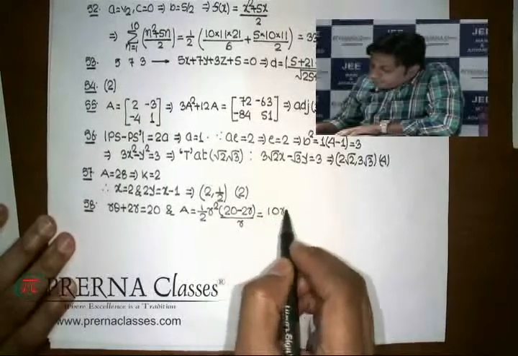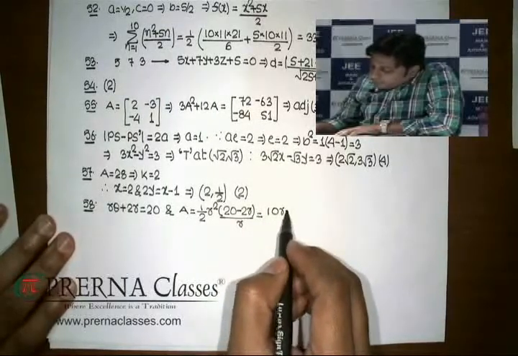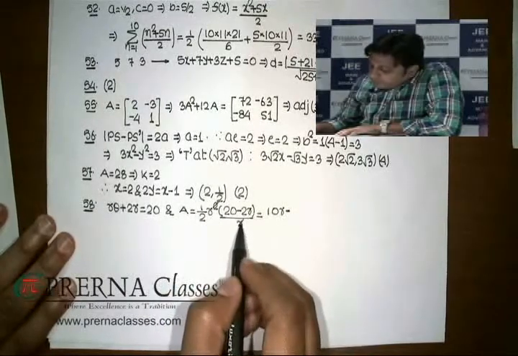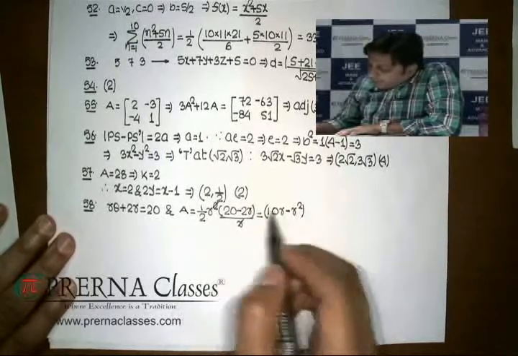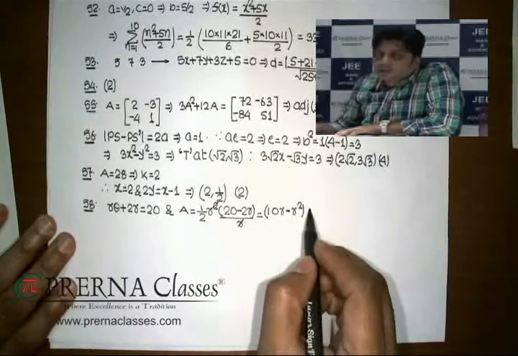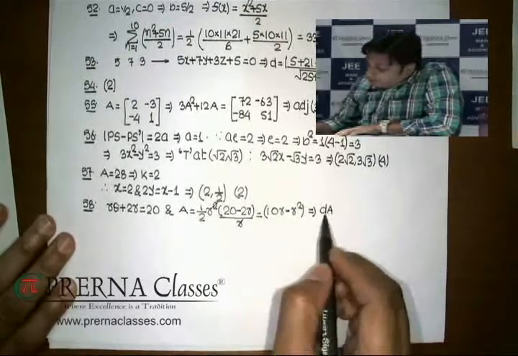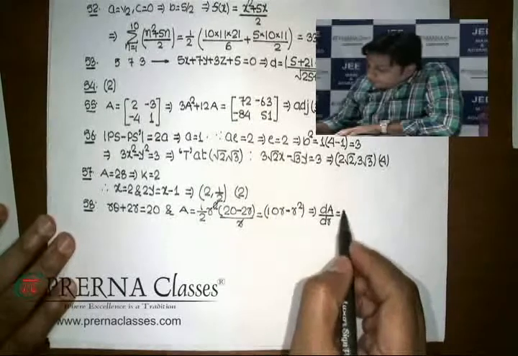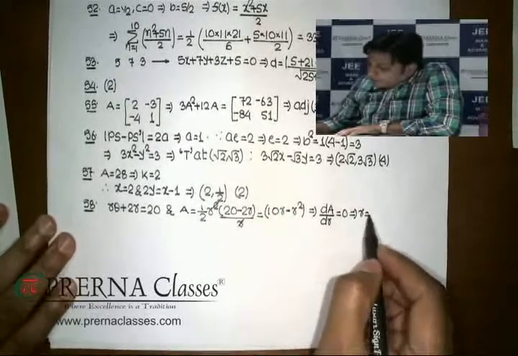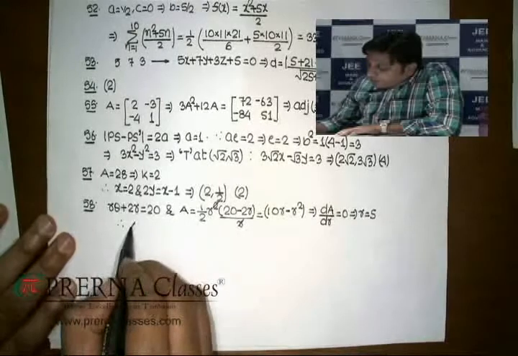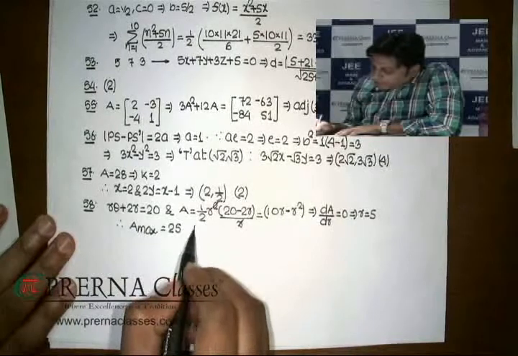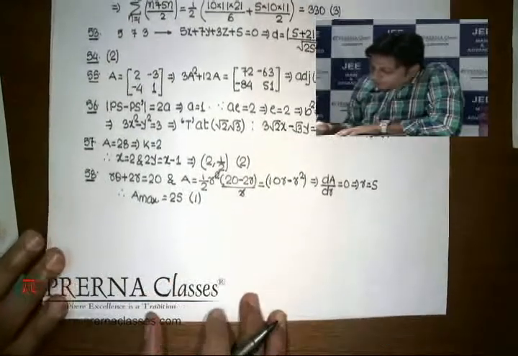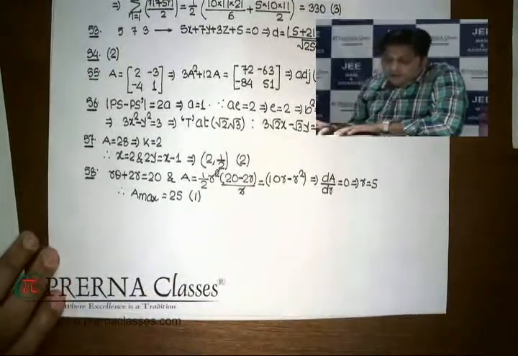Therefore, if you cancel off a factor of r, you are going to get 10r minus r square as the area as a function of r. If you use that, dA by dr equals 0 will give the value of r as 5, and therefore the max possible area is 25, which is option 1.